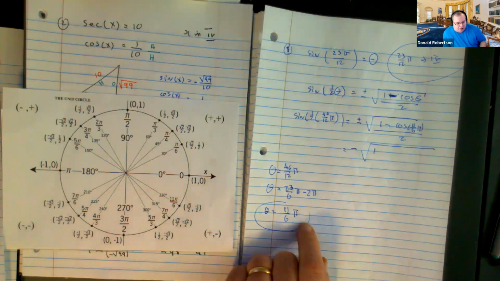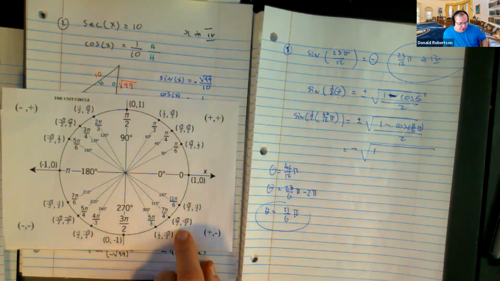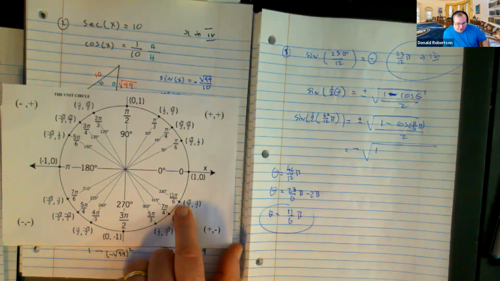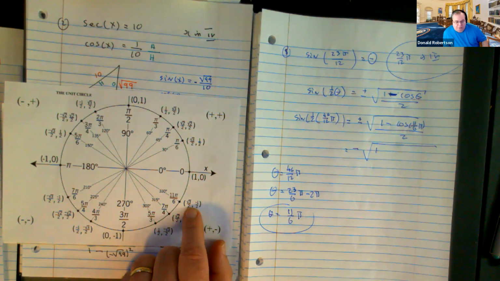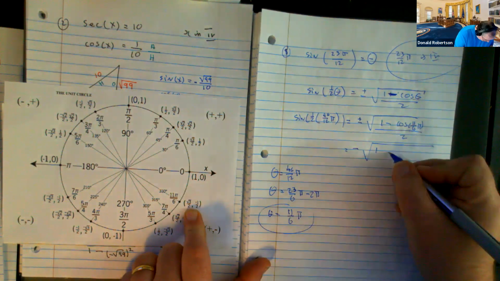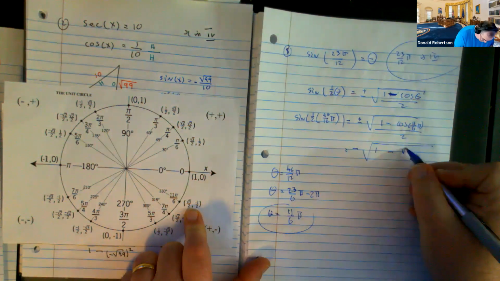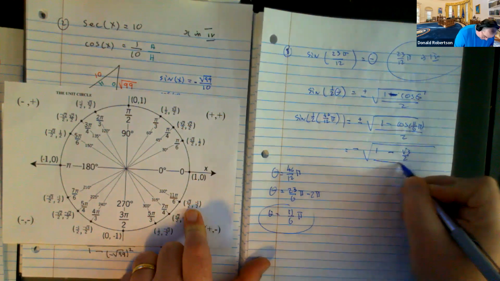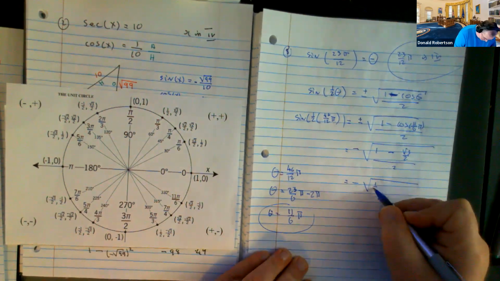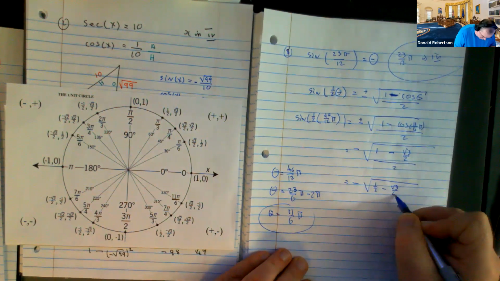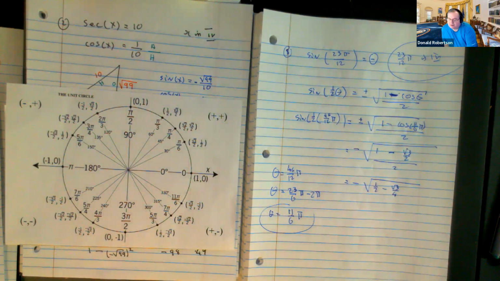So I'm trying to find a guy that I can use, and I'm looking at 11/6, and I'm looking at a sine, and it looks like the sine of 11/6 is what, negative? Oh, it's a cosine. So it's positive √3/2. So it's 1 take away positive √3/2, all over 2. And then we're not going to make this too awkward, are we? Just going to split it like that.